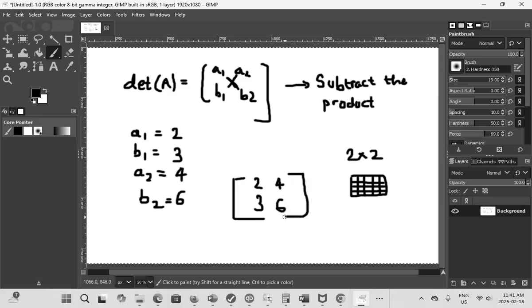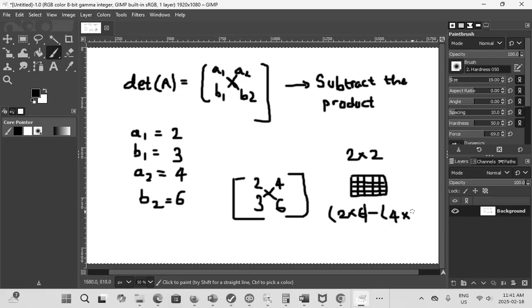To solve for your determinant, all you will need to do is multiply the diagonals. So 2 times 6 minus 4 times 3.